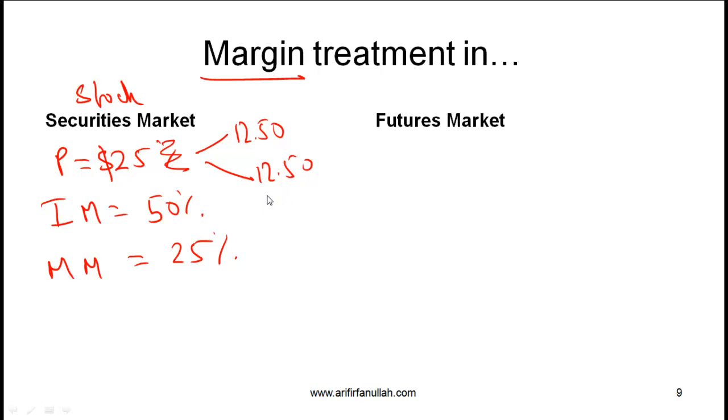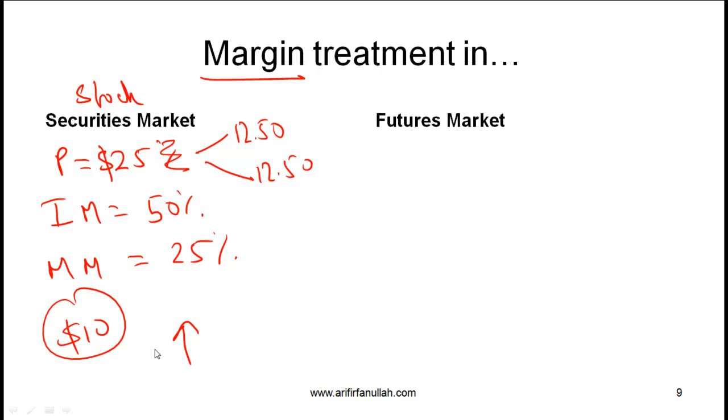And if the stock price fell, let's say the stock price went down to $10, so the stock price plummeted, then you will get a margin call, and I'm not going to go over calculations on how to come up with the call price. I assume you either remember how to do that or you can listen to the equity lecture again. But clearly when the price goes down a lot, you will receive a margin call, and when you receive a margin call, you need to put money back into your account.